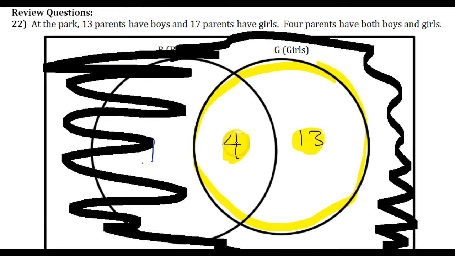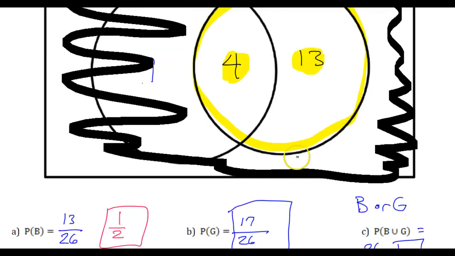The target is boys. That's 4. 4 parents have boys. And the total of our new universe is the 17. So that'd be 4 over 17. Having boys versus the total number of parents in the girl circle.